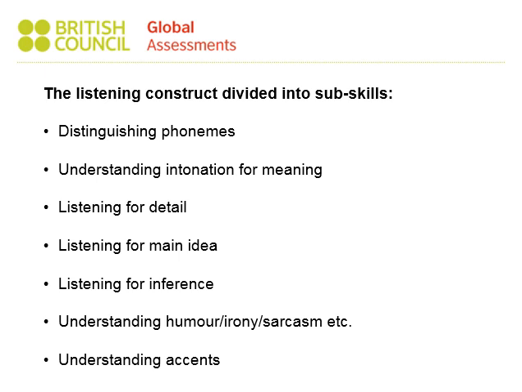Understanding intonation for meaning, again, that's not used in Aptis, but is also a task that you might see in other papers. And then when we get into things like listening for detail, listening for the main idea, listening for inference, this is where we're getting into those different levels.